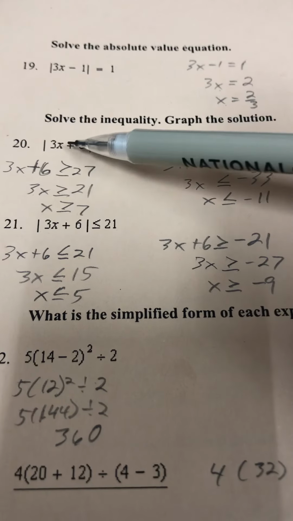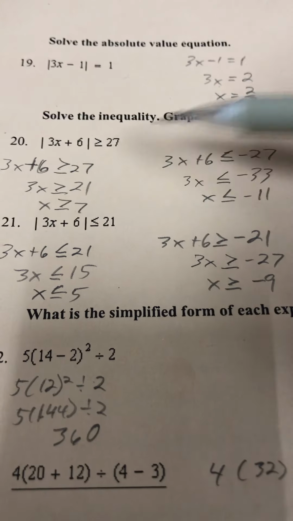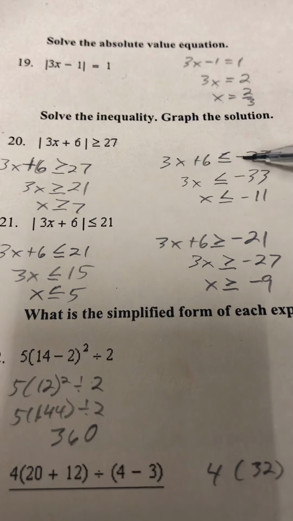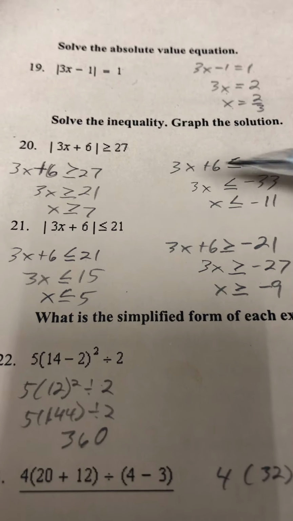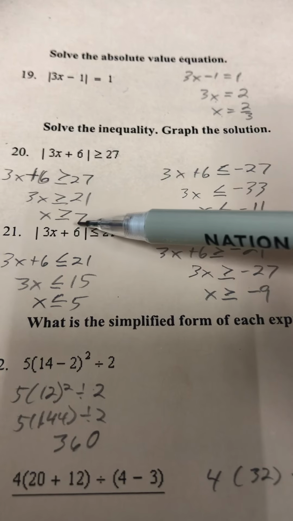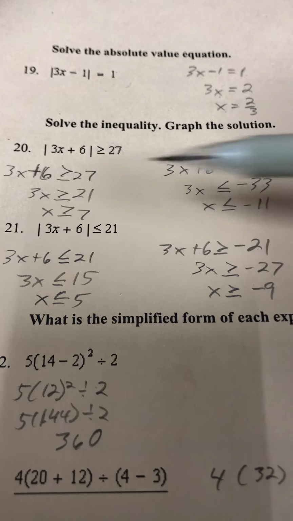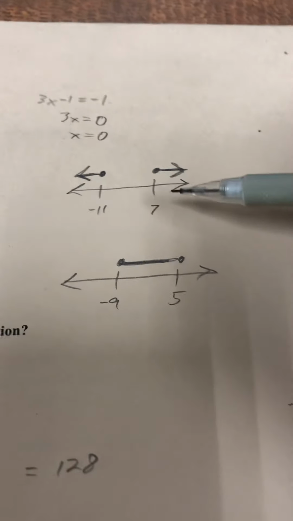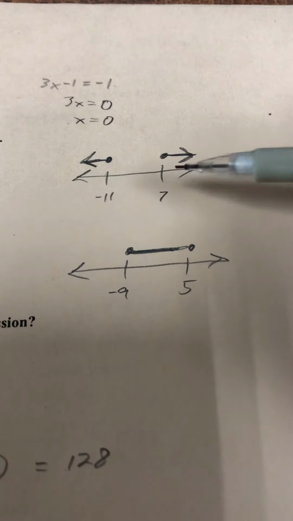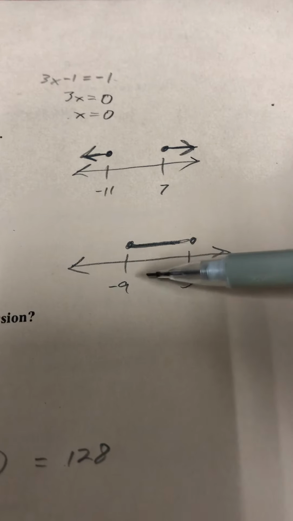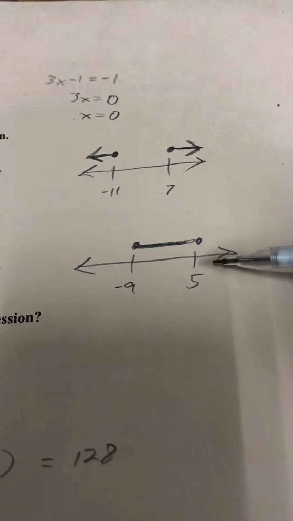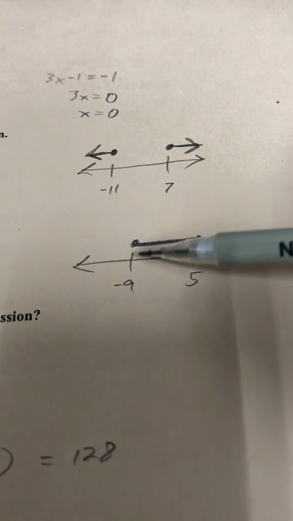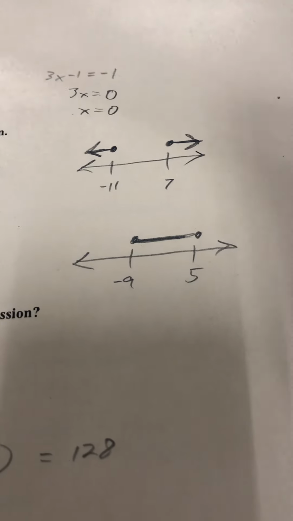Because remember, whatever negative in here is going to be the same as the positive. But when you change the negative, you have to flip the sign. So this one's going to be x is greater than or equal to 7, or x is less than or equal to 11. And it looks like that on a graph. And then number 21 was x was less than or equal to 5 and greater than or equal to -9.